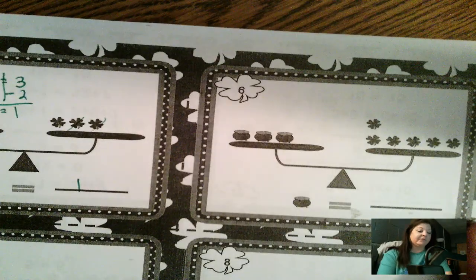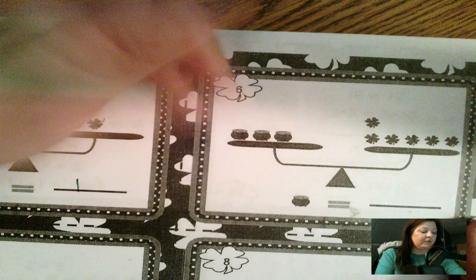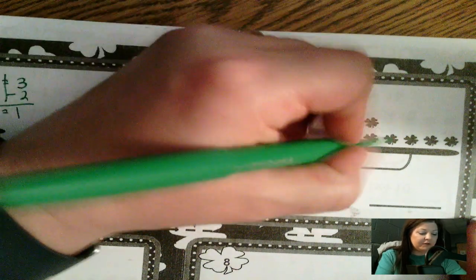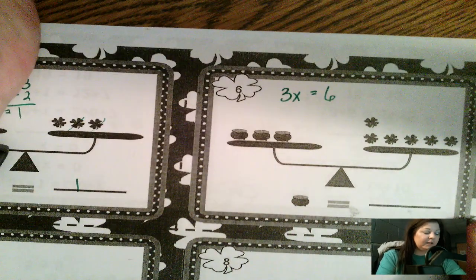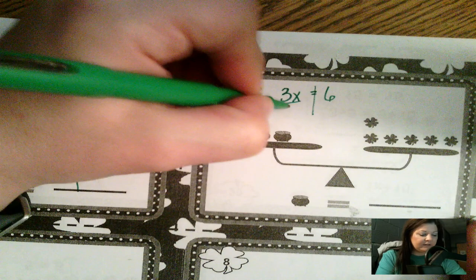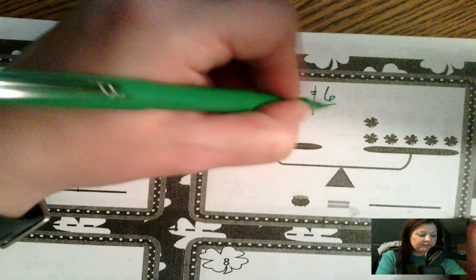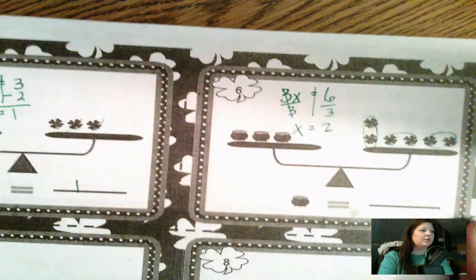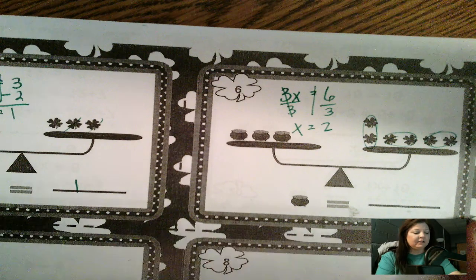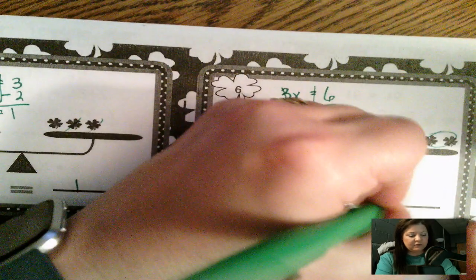X equals 1. Let's do number 6. We have 3 pots of gold, so we have 3x is equal to 1, 2, 3, 4, 5, 6 equals 6. Okay, so if we divide that by 3, we have x is equal to 2. So there's 2 clovers per pot of gold. X equals 2.